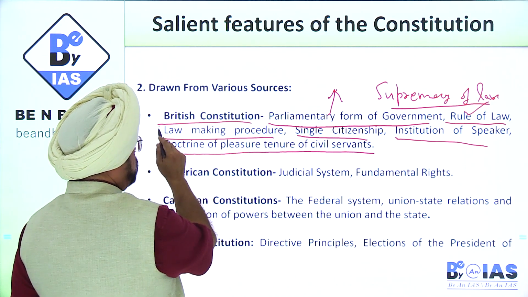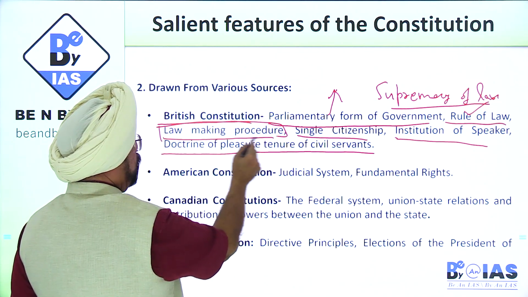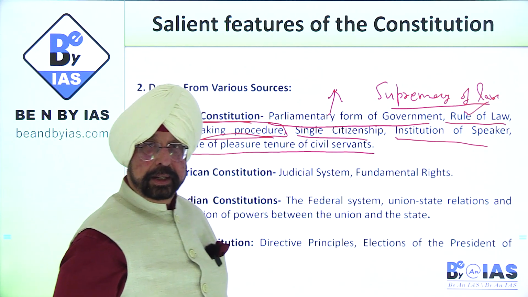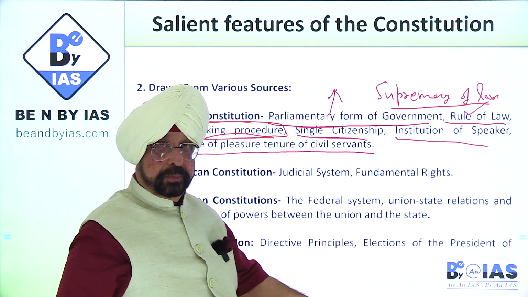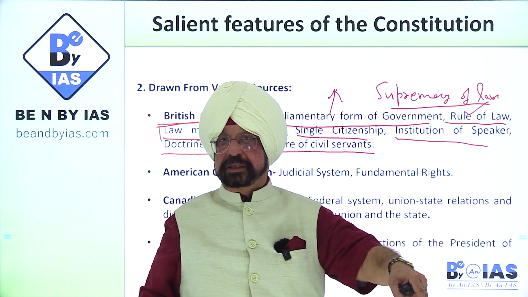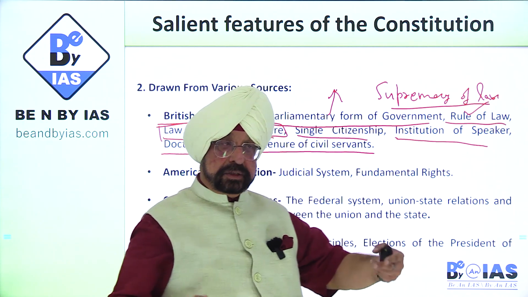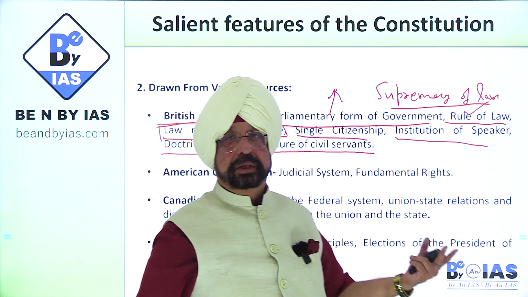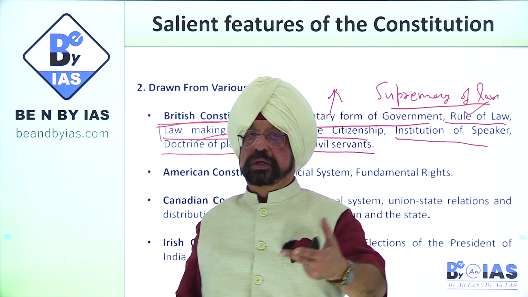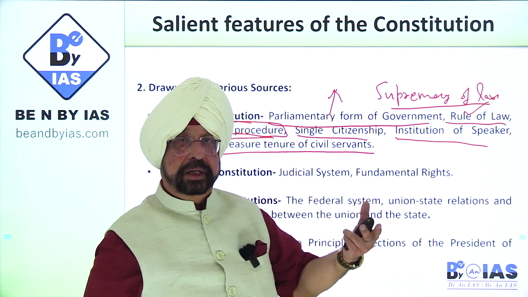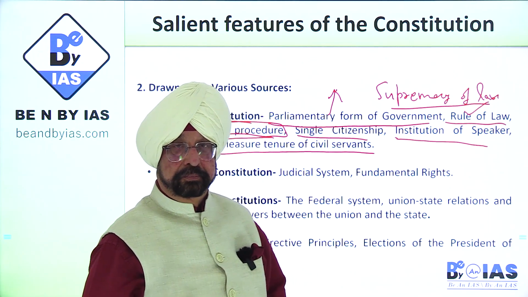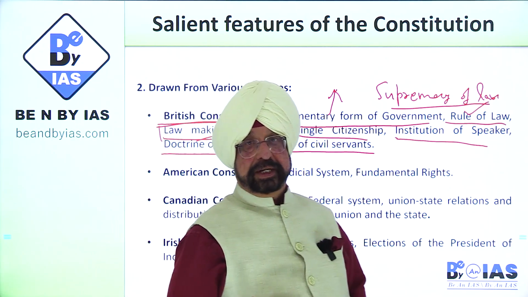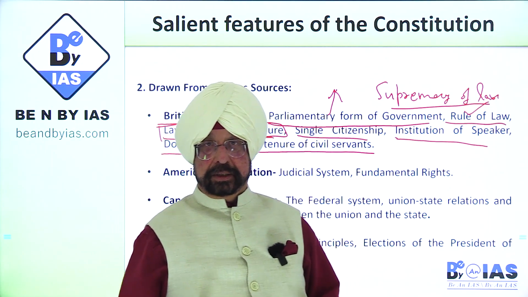So, law-making procedure, how laws will be made, like bills are introduced, bills are passed by both the houses, president's assent is obtained, and in some cases the bills will go to the state assemblies, and at least half of the states must ratify that.